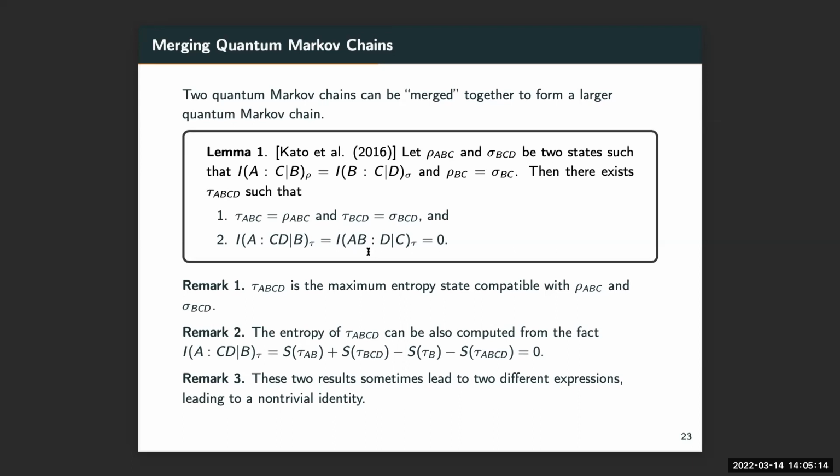So you just plug in rho AB here, sigma BCD here, and rho B. And those are the data that is already given to you. So you can just plug it into your computer or something and compute this. But the other approach is that you're solving this maximization problem. So you have these constraints that tau on ABC and BCD should coincide with rho and sigma, but then you maximize this by brute force or directly.